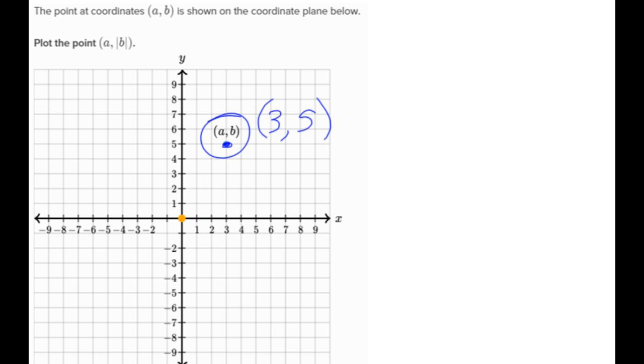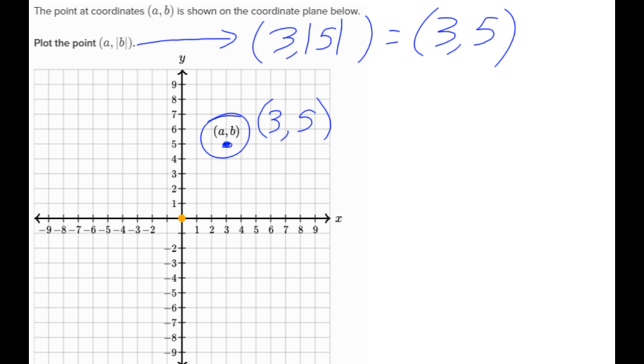So it's at 3, 5. Well, when I do this part here, it's still going to be 3. That stays the same. And the absolute value of 5 is 5, so it's 3, 5. So the funny part on this one is I'm just going to move this orange dot right over the blue dot that already exists. The point will not move if we go A, absolute value of B.